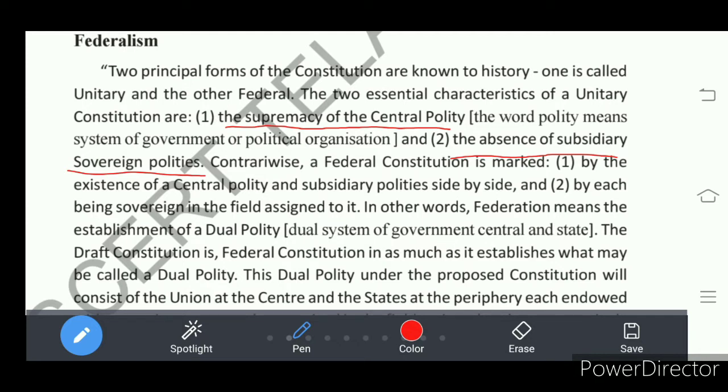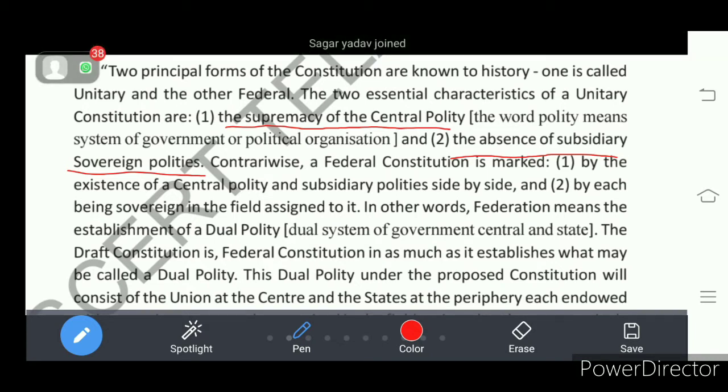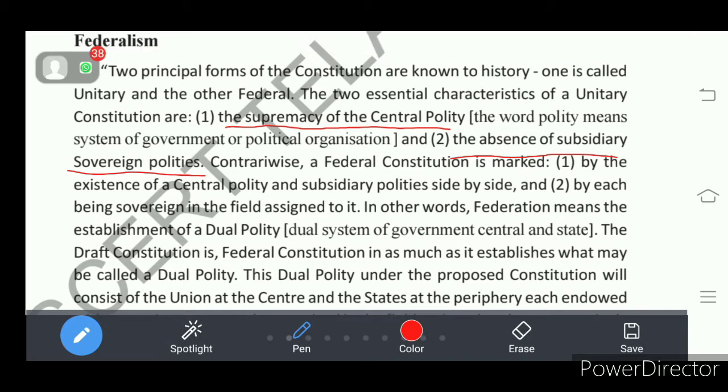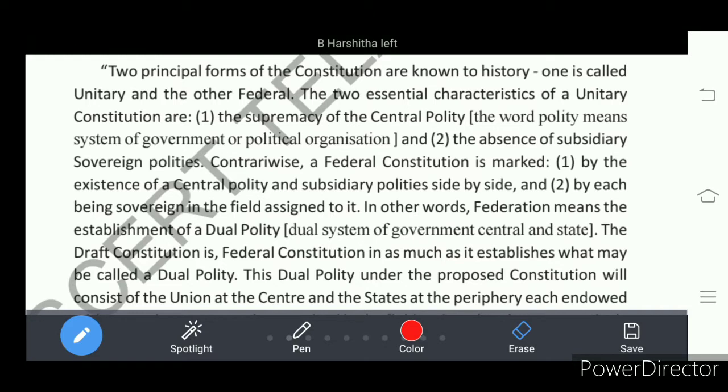At a national level, there will be one central government, and there won't be sovereign polities at a states level. That is the characteristic and feature of a unitary constitution.